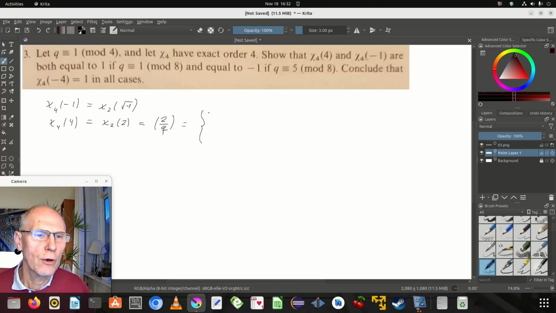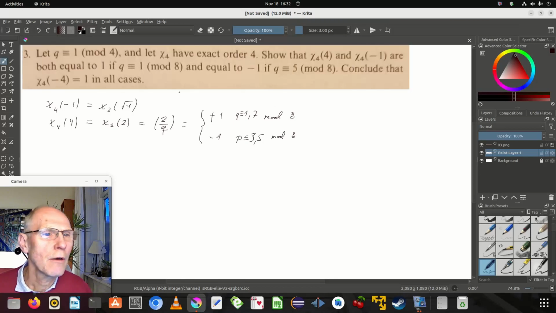If q is equivalent to 1 or 7 modulo 8, then it's plus 1, and minus 1 if it's 3 or 5 modulo 8. And now in our case it's 1 or 5.